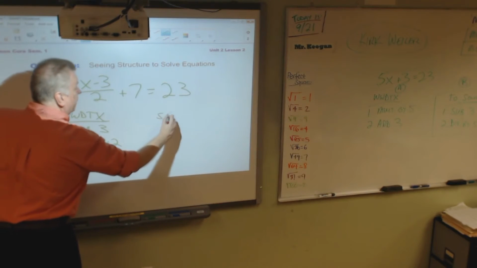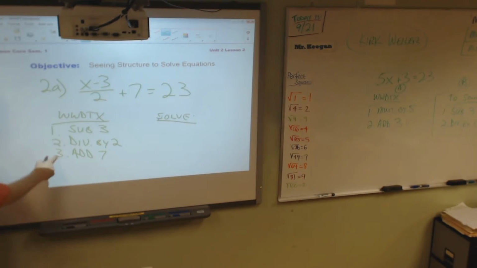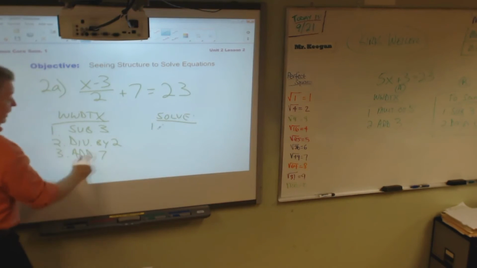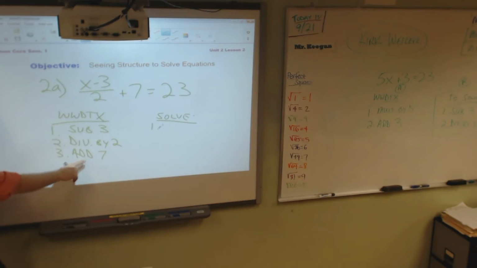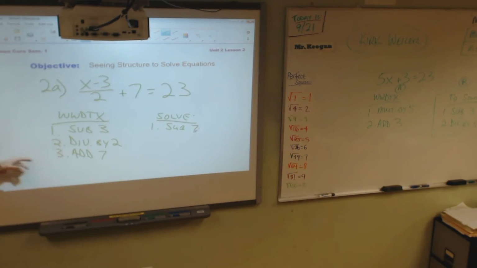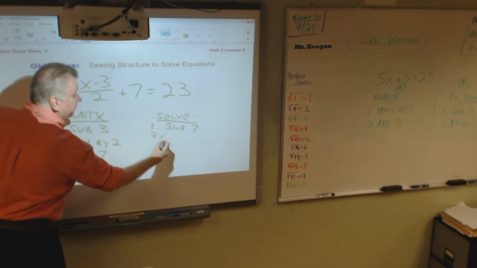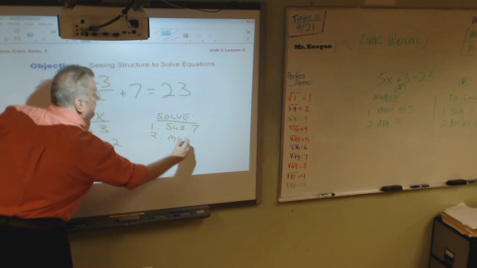So now to solve, what do I do? Subtract 7. Good. The last thing becomes first. So not subtract 3, subtract 7. Right? Because the last one becomes first. This one, you do the opposite. Instead of divide by 2, it becomes multiply by 2.